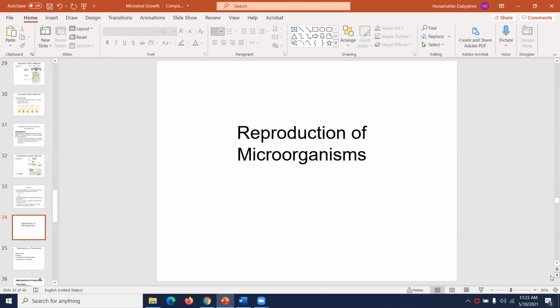It will go through binary fission and multiply over and over again until you see a colony of bacteria. When we talk about reproduction of bacteria, we're not talking about the organism getting bigger and bigger, but the number of organisms getting bigger and bigger.